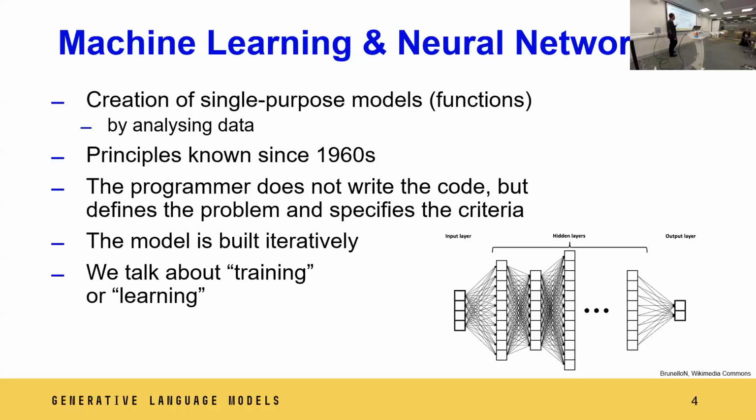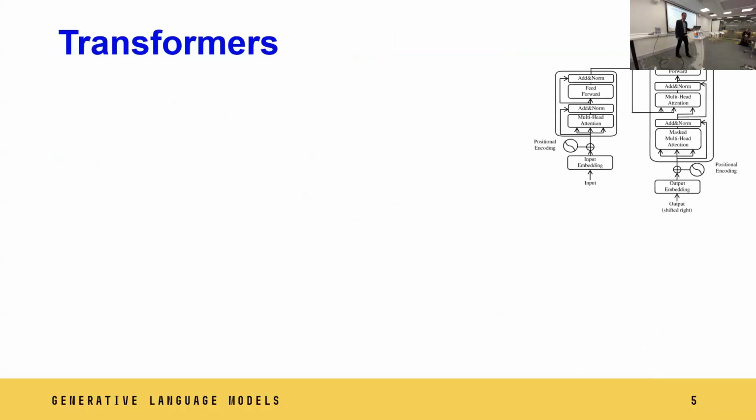If you do it well, the output layer produces what is specified by the problem. So the model is built iteratively. You can train it in several epochs, and we are talking about training or learning.